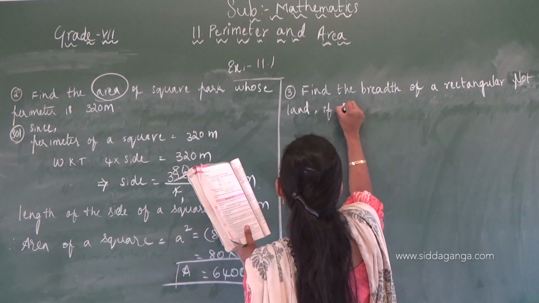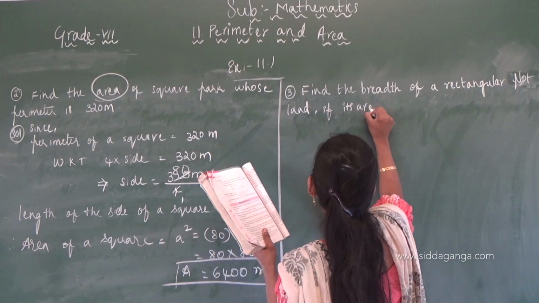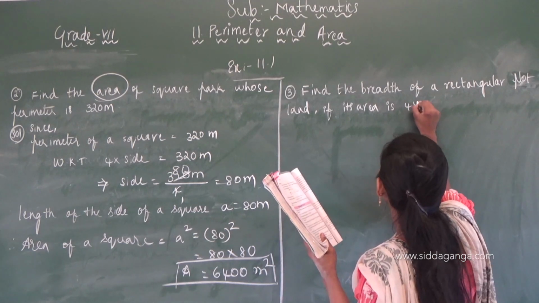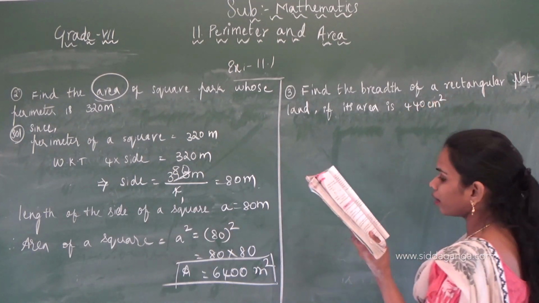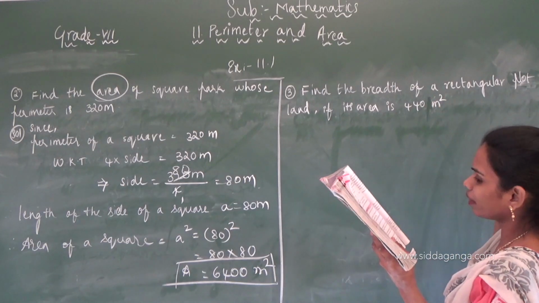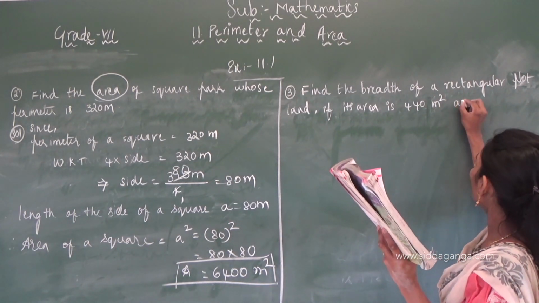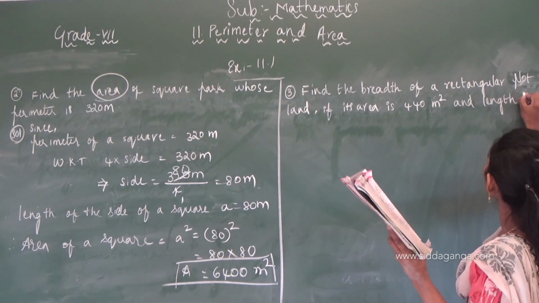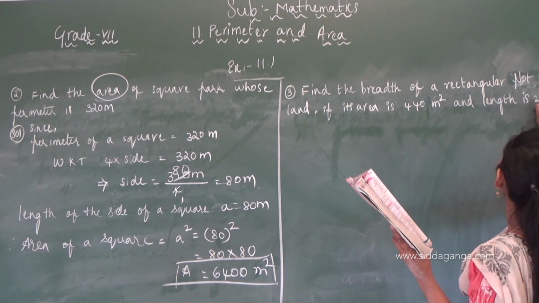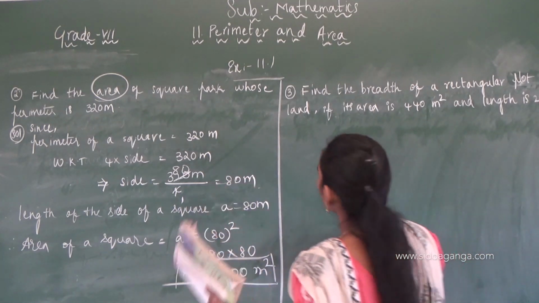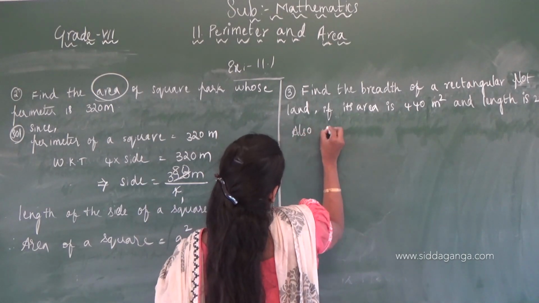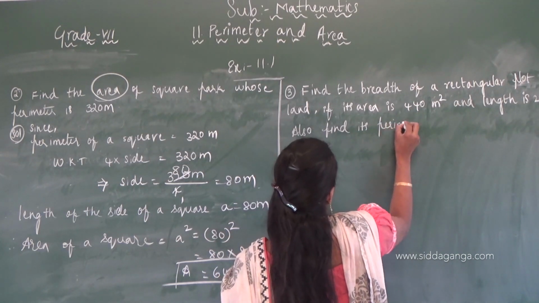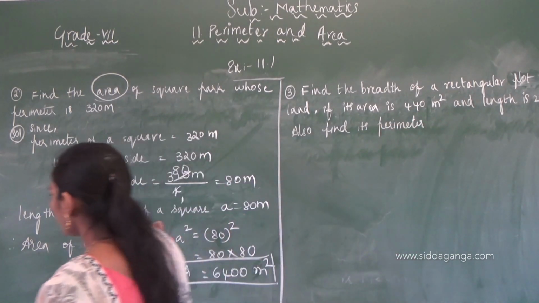If its area is 440 square meters, and length is 22 meters. Also find its perimeter.